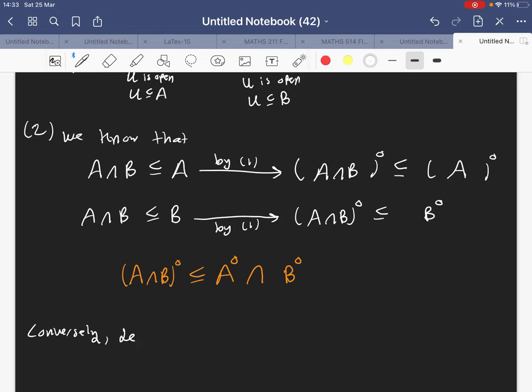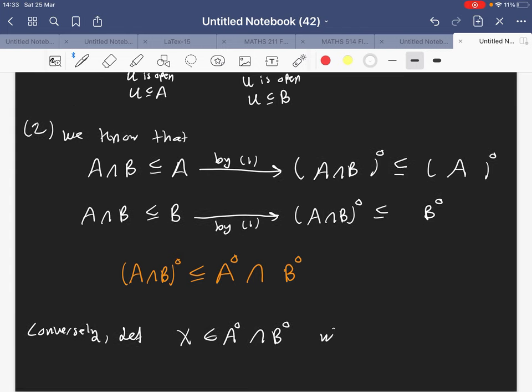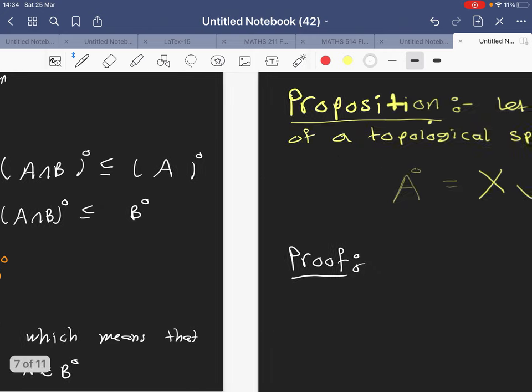So conversely, let X be in the interior of A intersection the interior of B, which means that X lives in the interior of A, and at the same time, X lives in the interior of B. And this has a meaning. Let's see what the meaning is for each one of them.